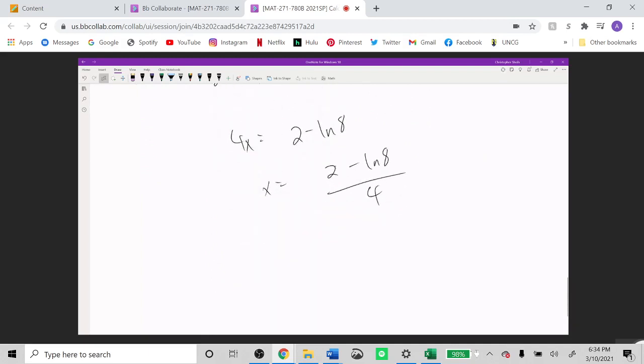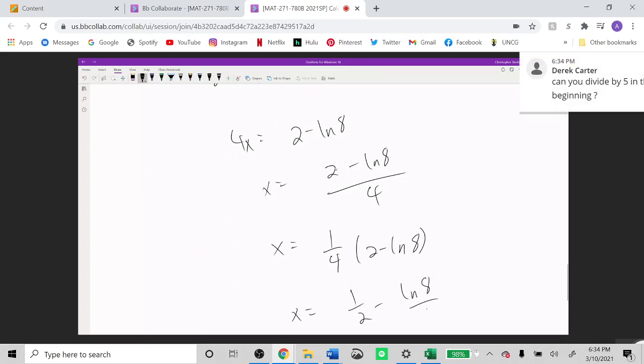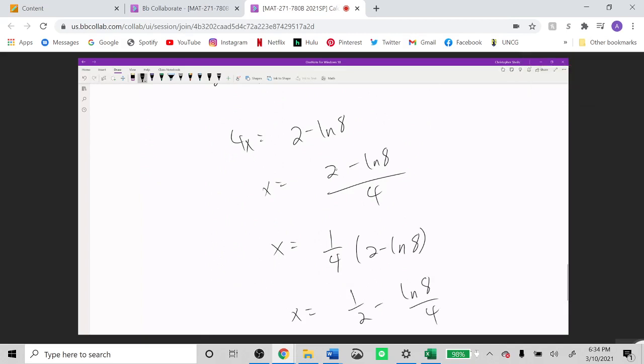So you could write it like this, or you could write it like, because it had the answer as 1/4 parentheses 2 minus ln 8. Yes. You can only get 1/2 from this first portion here, the 2 divided by 4, if you break this up, since this natural log of 8 does not have a 2 in front of it.